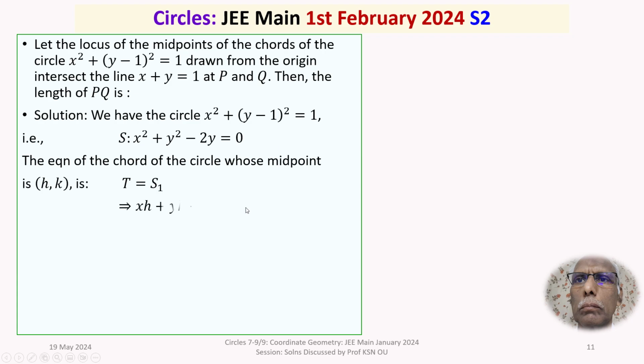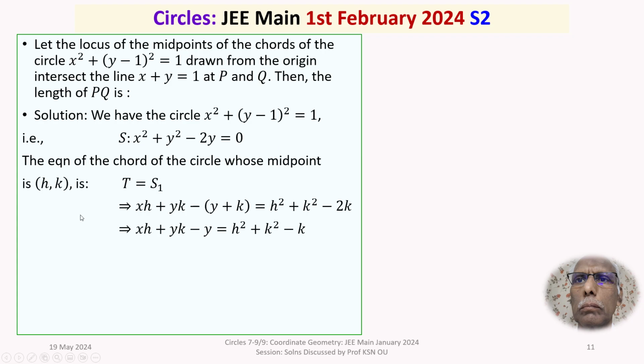So that will be xh + yk − (y + k) = S1, because 2y is to be split as y + y1, that is y + k, and S1 is h² + k² − 2k. Simplify, you will get xh + yk − y = h² + k² − 2k + k, that is h² + k² − k.